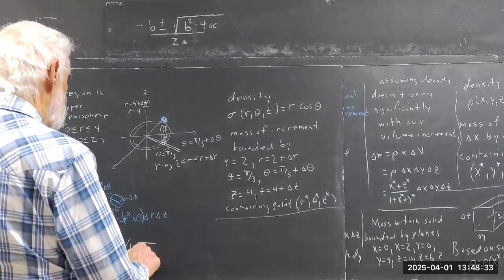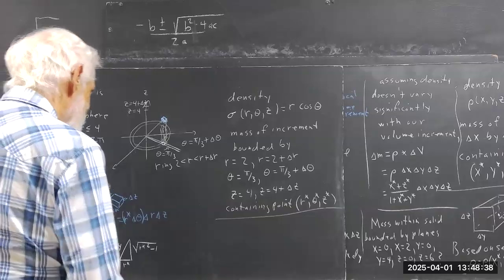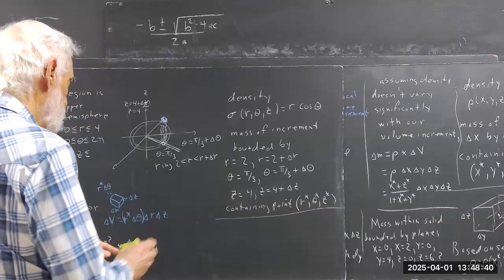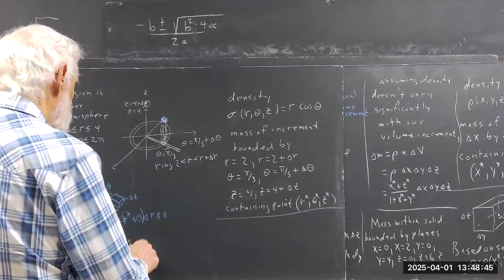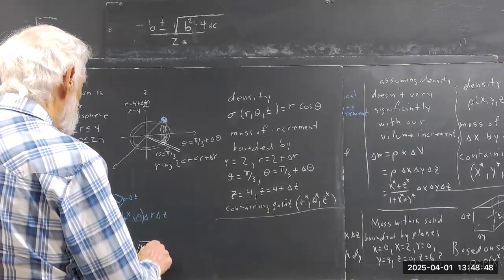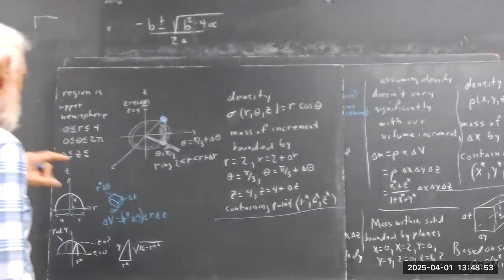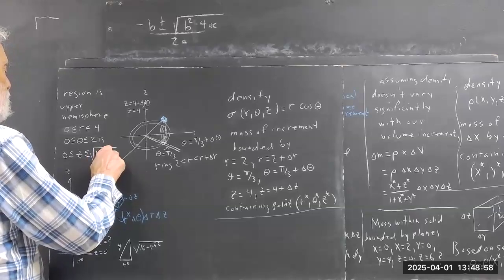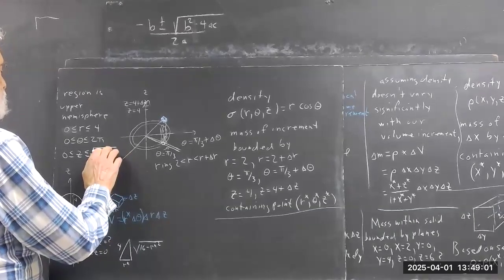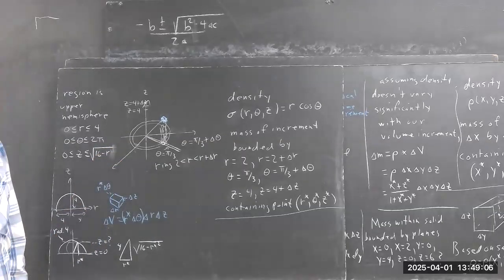This is a square root of 16 minus R star squared. Well, that's what Z goes up to: the square root of 16 minus R squared. Okay. So there's your description of the region.